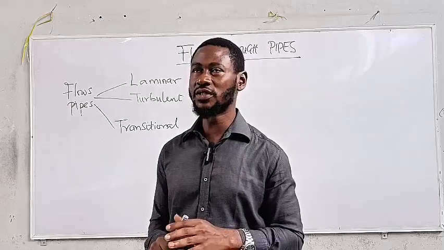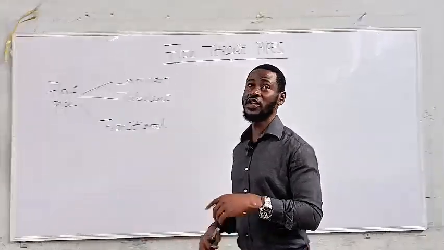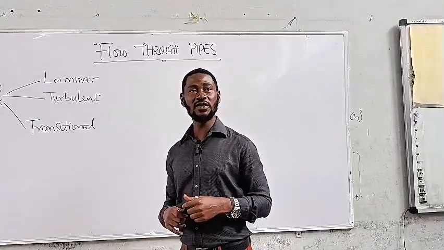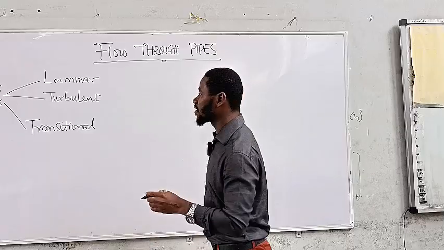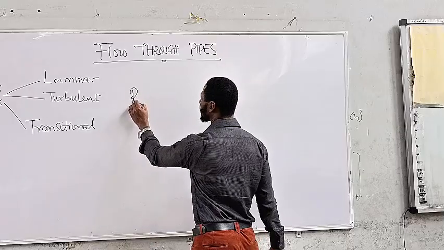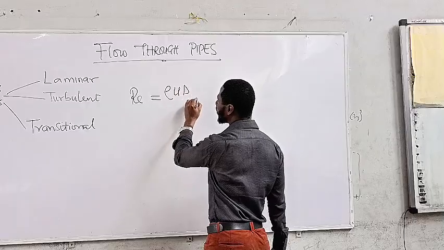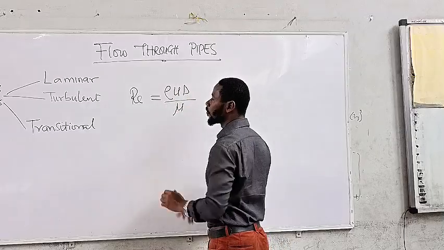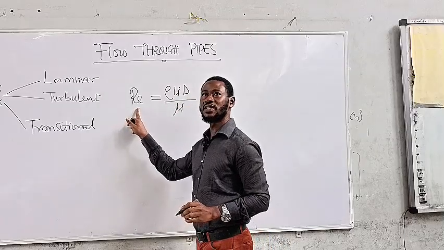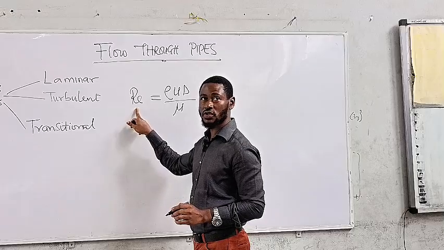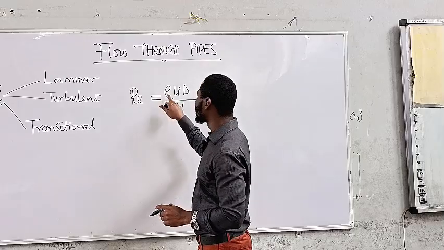The Reynolds number is a dimensionless property which is represented mathematically on the board as Re = ρUD/μ, where Re is the dimensionless property, also known as the Reynolds number.